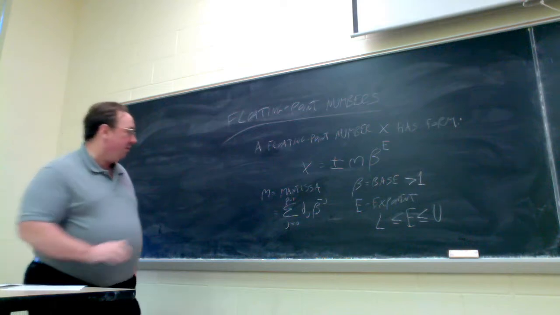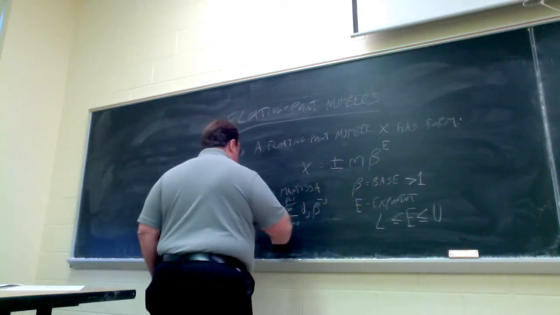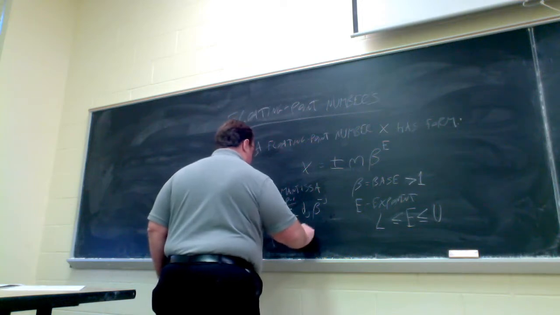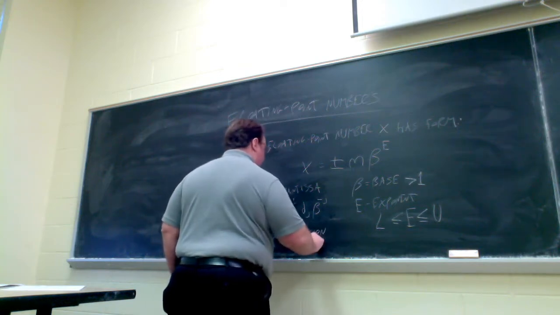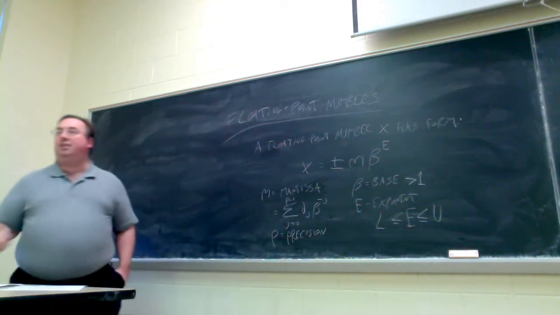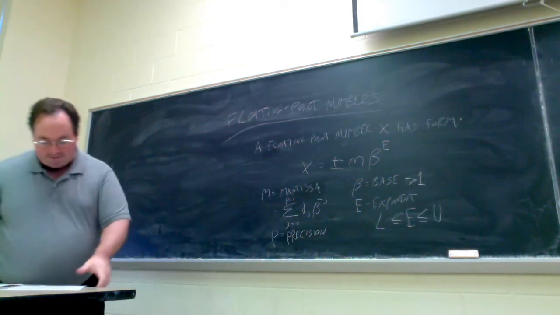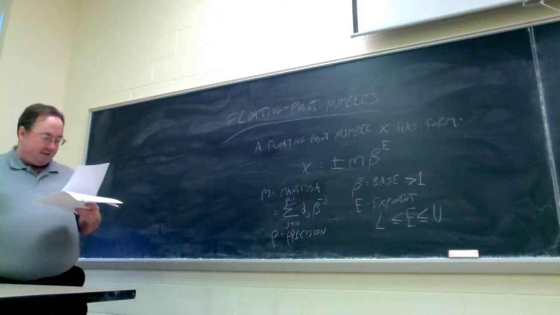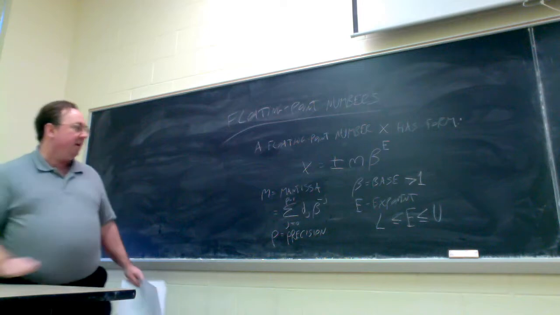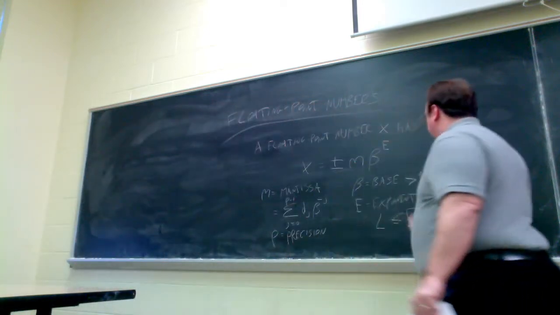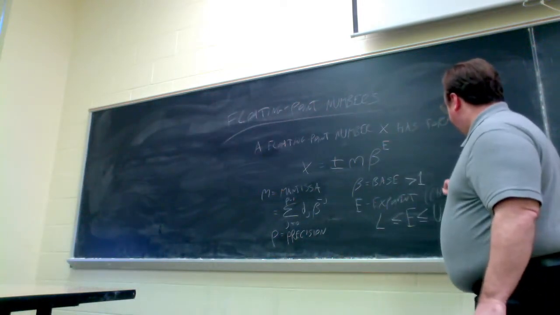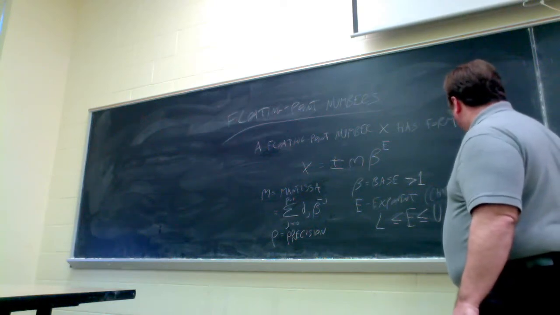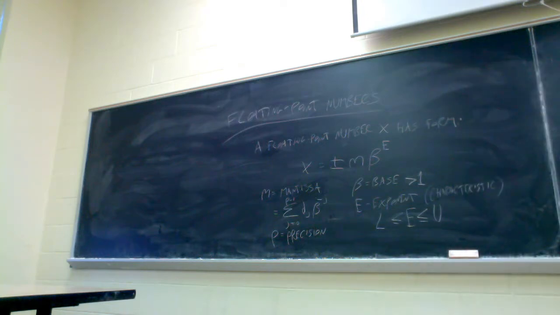And then the other very important parameter, this value p. p is called the precision. So p is the number of significant digits that you have in whatever base you're using. I'm referring to e as the exponent. Some sources refer to it as the characteristic. Not really sure why. That's a really vague word to use in this case.